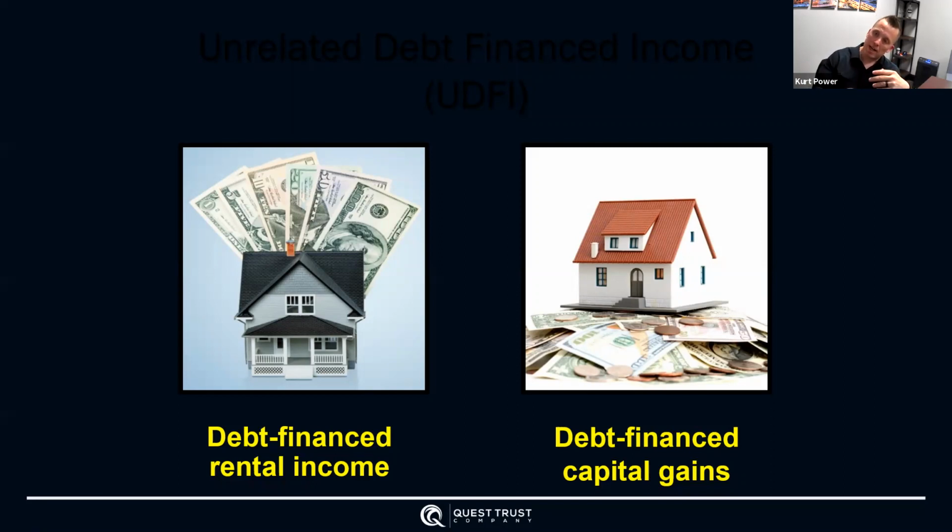If I'm investing in an LLC, which is a pass-through entity passing the taxation on to the investors, and I'm 60% debt leveraged, 60% of my income, my earnings, is going to be subject to UBIT.